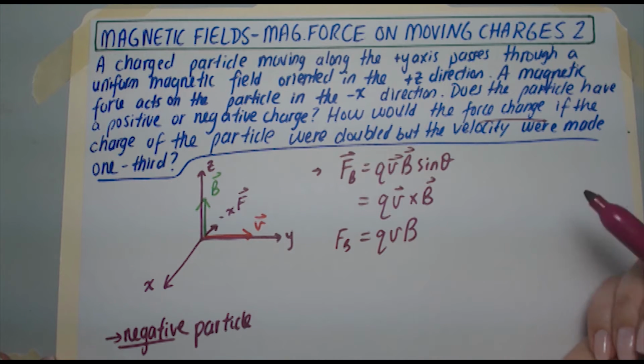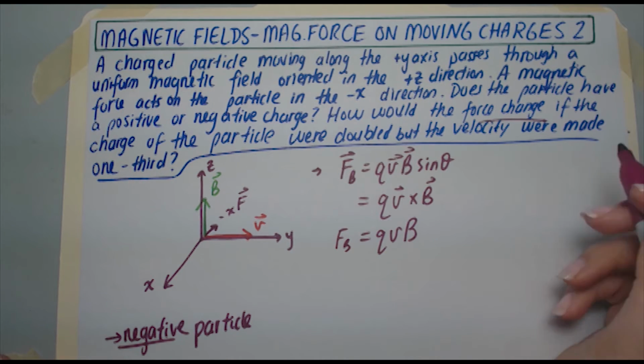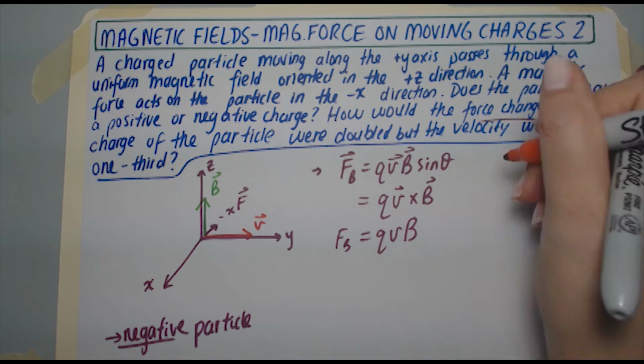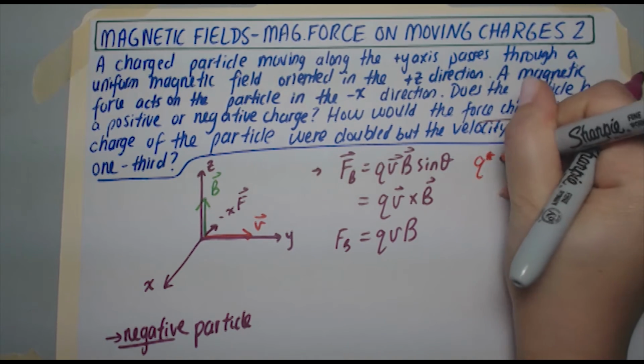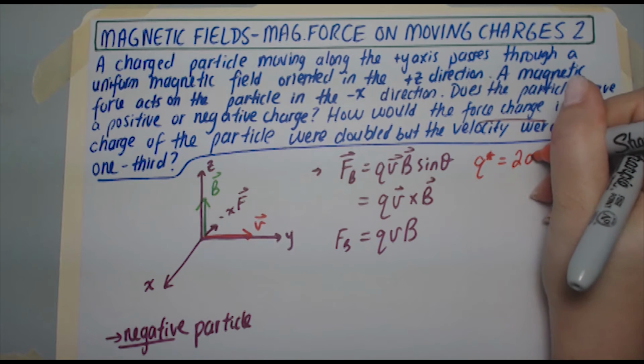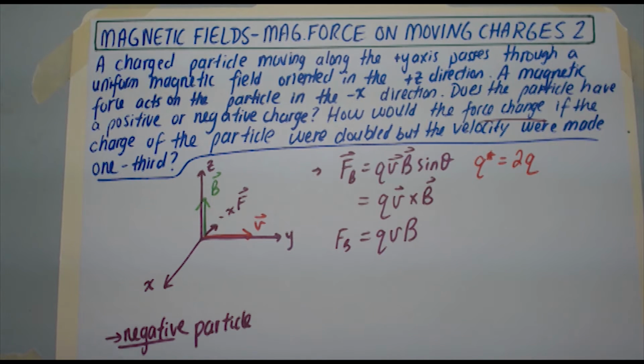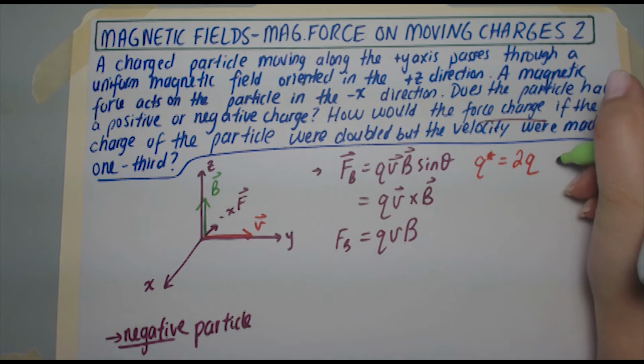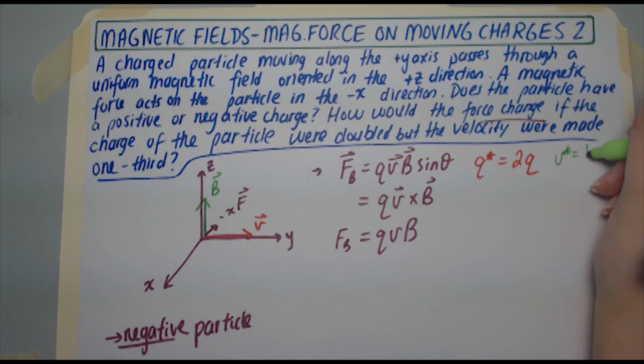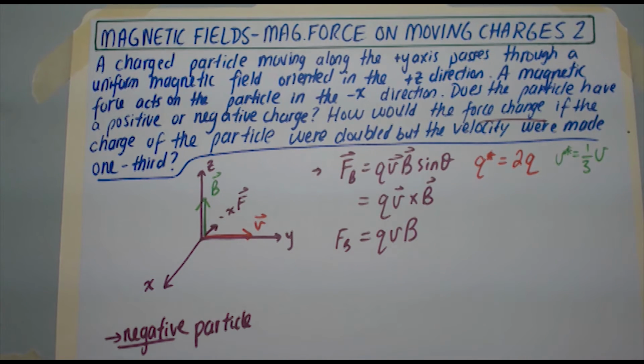Now, what happens if the charge of the particle is doubled? Okay, so that's implying that the new charge is going to be twice the old charge. And we're also told that the velocity is going to be made 1/3. So the new velocity is going to be 1/3 the original velocity.